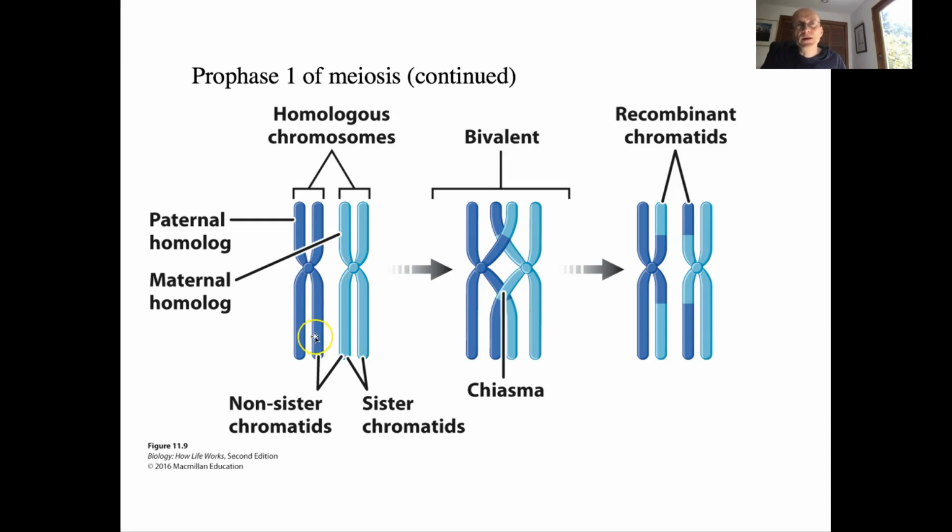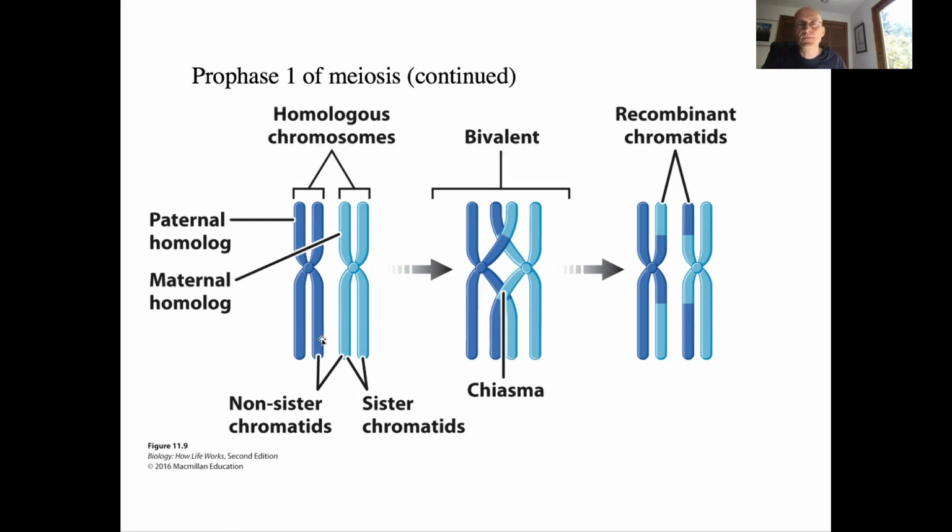So these two here carry the same information in terms of which genes they code for, but the genes can be slightly different. So the way that they are expressed, or exactly the way that a particular gene manifests itself in the phenotype, might be slightly different.